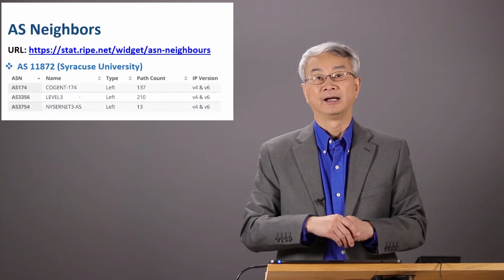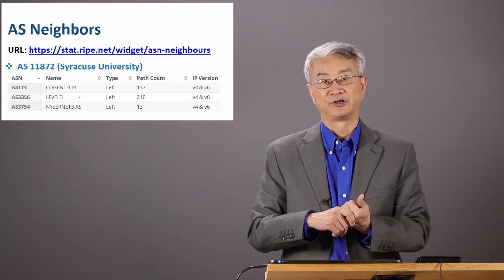And they put all the data together, aggregate it in RIPE.net, and RIPE.net provides a list of tools that you can use to do queries and to visualize data. So that actually allows us to look at real BGP data.